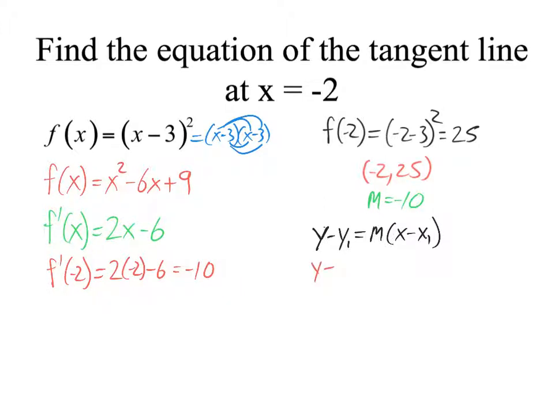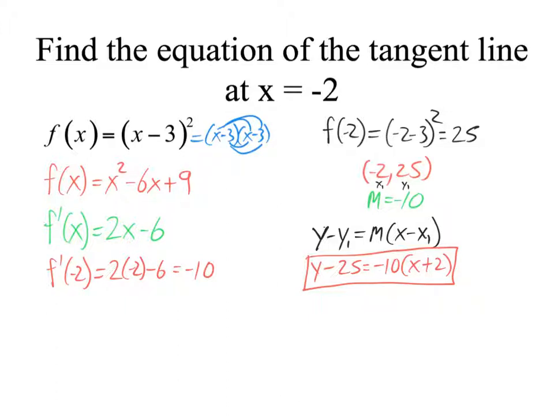Y minus, what's y1? Well, isn't that y1? Isn't that x1? So can I simply do y minus y1, which is 25, equals m, which is -10, times x minus x1, which is -2, and I'm done. You don't even have to simplify. There's your answer. That's an equation of a line in point slope format.